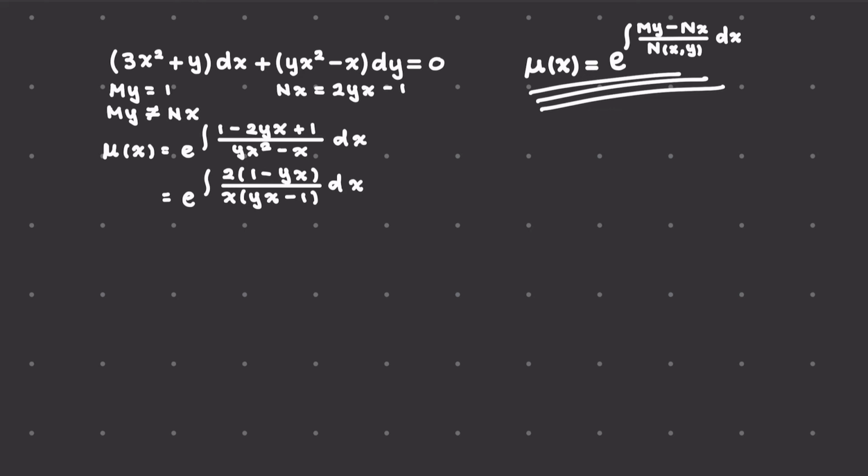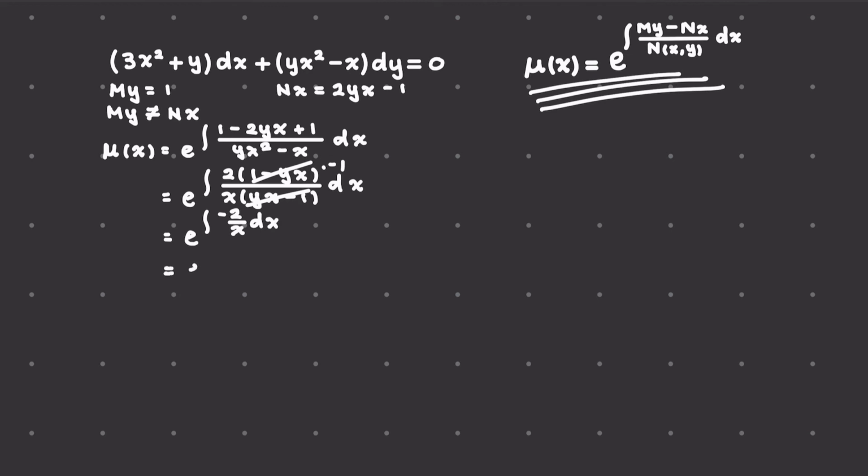From here on, we can see that (1 − yx) divided by (yx − 1) is just a multiplication of negative 1. And so we can cross this out, but add a negative 1 on the top, which makes this into the integration of −2 over x dx.